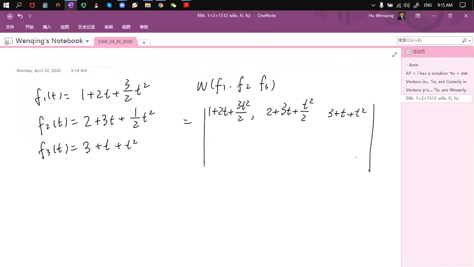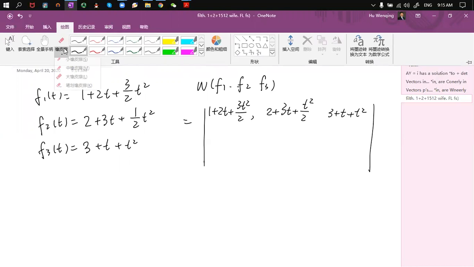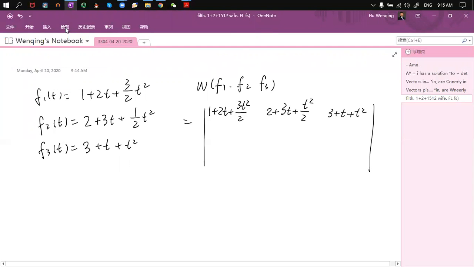Starting from the second row, you're going to have their derivatives: 2 plus 3t, 3 plus t, and 2t. Then you take another derivative: 3, 1, and 2.